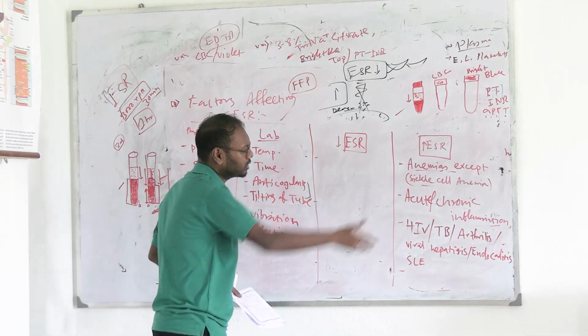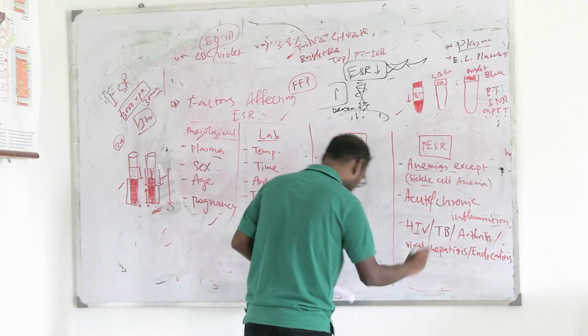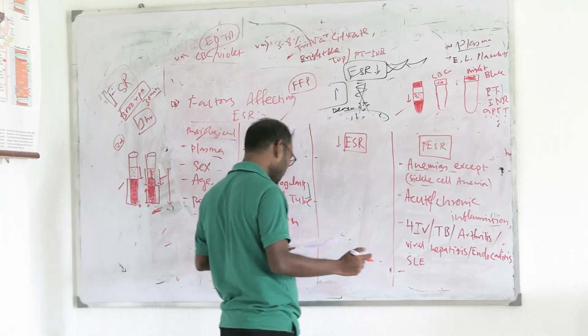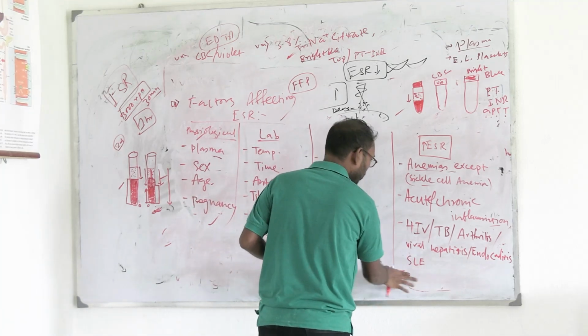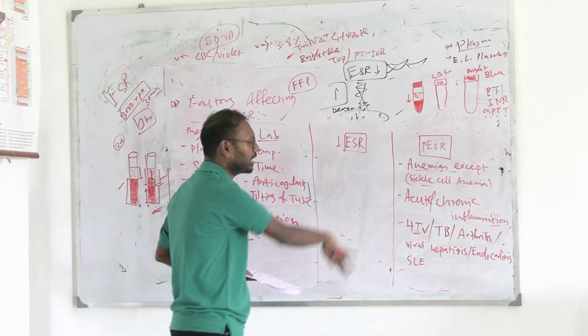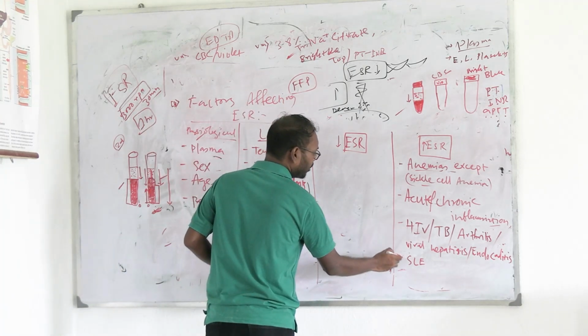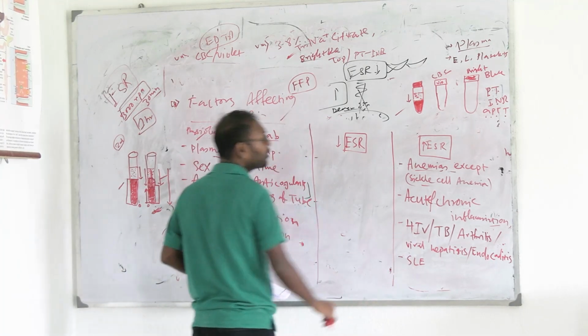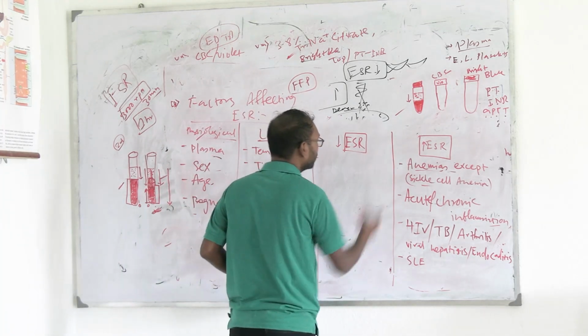So in these cases also, you can notice ESR getting higher. And finally, okay, so these are causes. এগুলো একসাথে অনেকগুলো লিখে দিয়েছি, ঠিক আছে। SLE is another point, an autoimmune disorder. And also in some other autoimmune diseases, the ESR will be high.